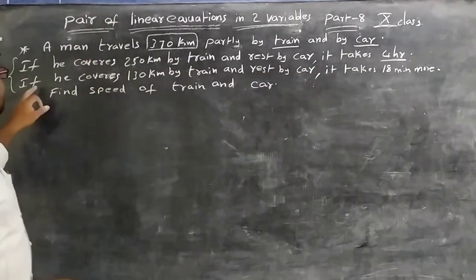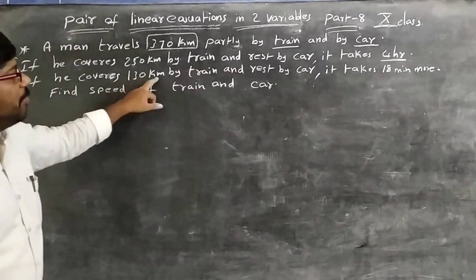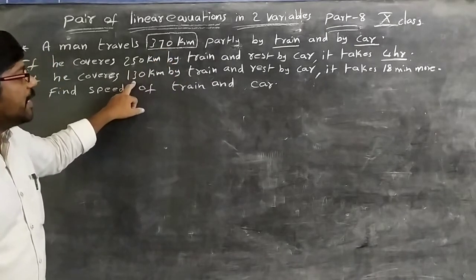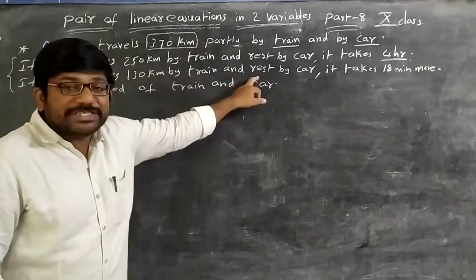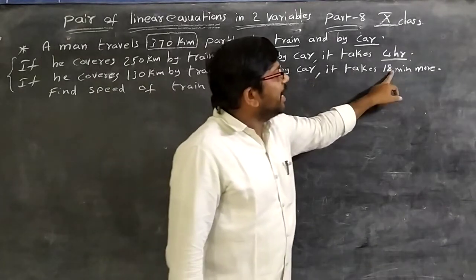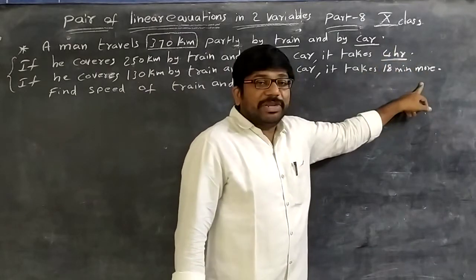And the second case, observe carefully. If he covers 130 kilometers by train, and the rest, the remaining distance, by car, it takes 18 minutes more than the previous condition, meaning 4 hours 18 minutes.